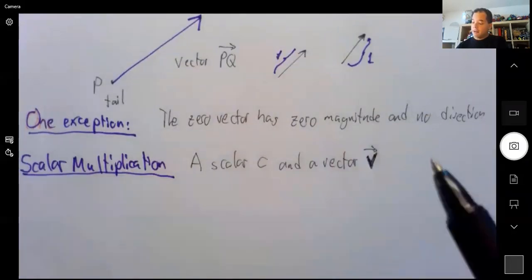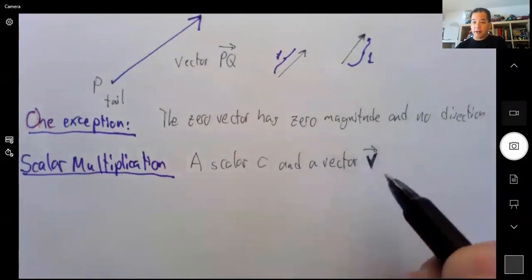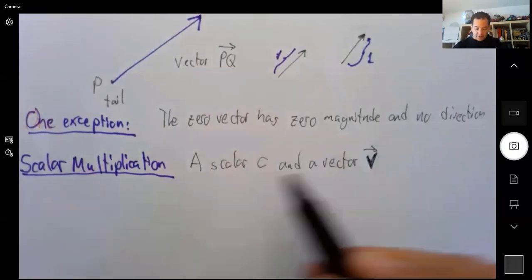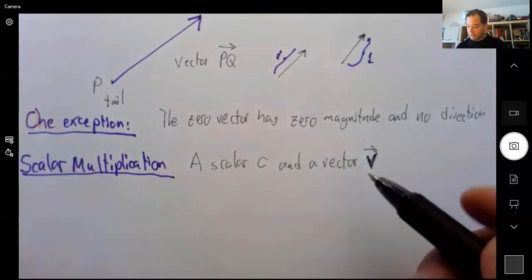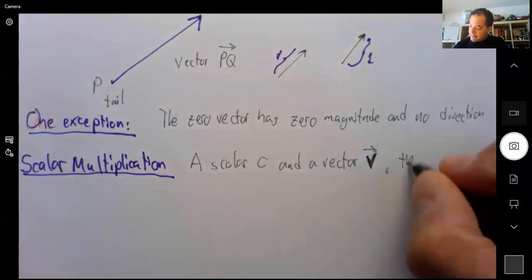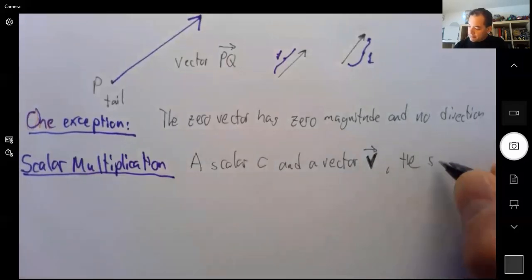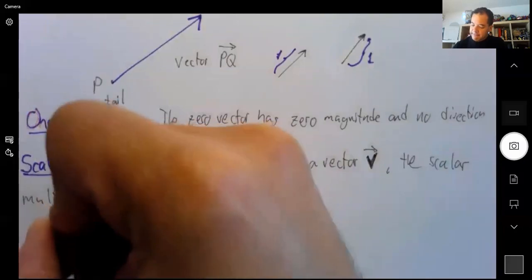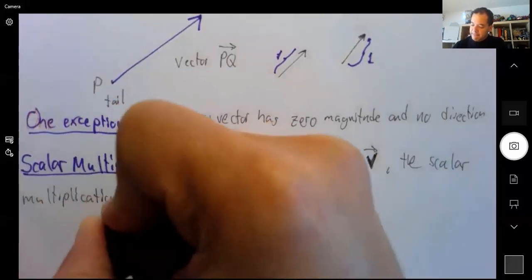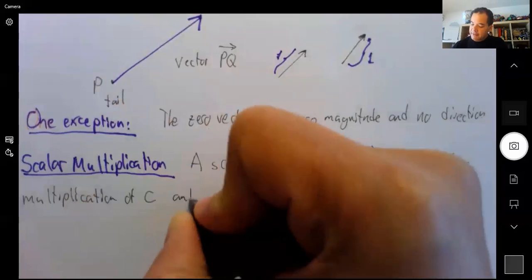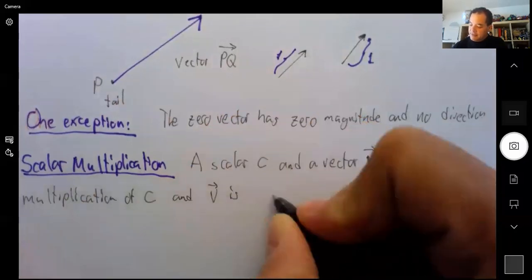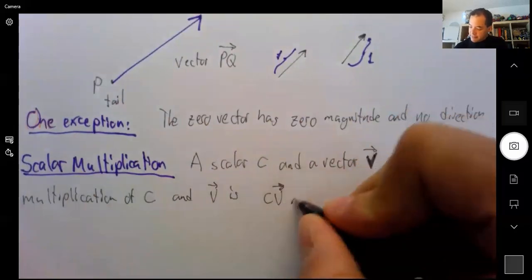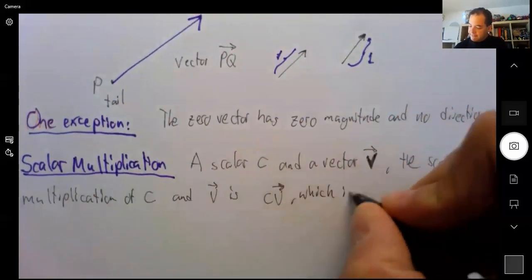So instead, we're just gonna put an arrow on top, so you know it's a vector. So if we have a scalar and a vector, we can create a new vector, the scalar multiplication of C and V is CV.